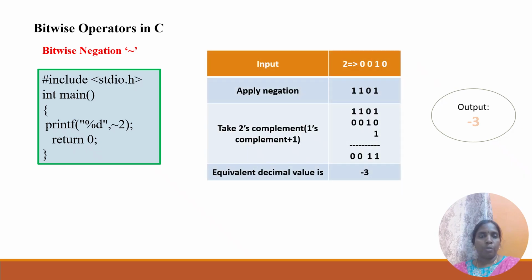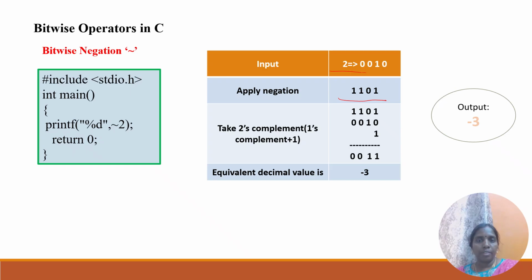So how we have to do this procedure is, first apply the negation. Applying negation means we have to take the 1's complement of the input. The input is 2, which means 0, 0, 1, 0. 1's complement means convert zeros to 1 and 1 to 0.